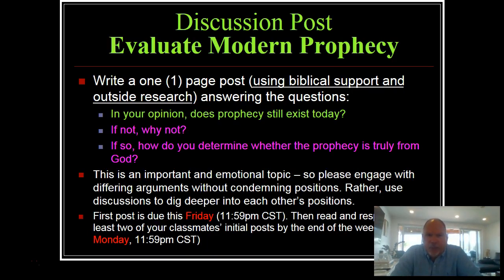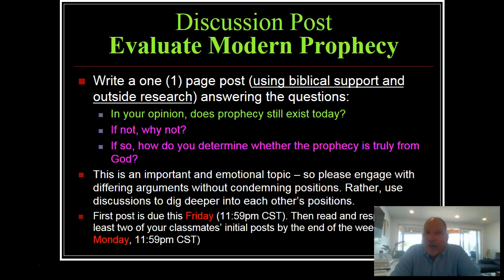And then finally, we have a discussion post, which is to evaluate modern prophecy. The real question is, did prophecy end in the Old Testament, or at least at the end of the apostolic age? I want you to write a one-page post using biblical support and outside research, answering the questions. In your opinion, does prophecy still exist today?